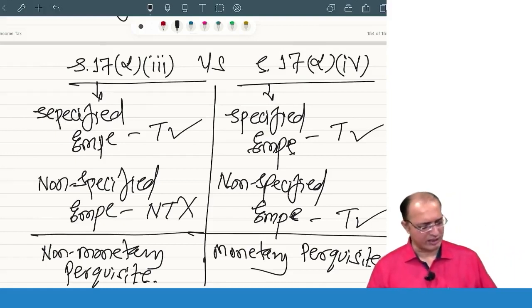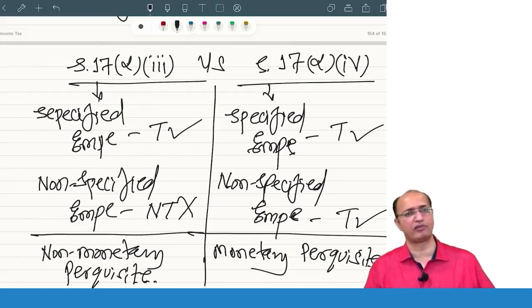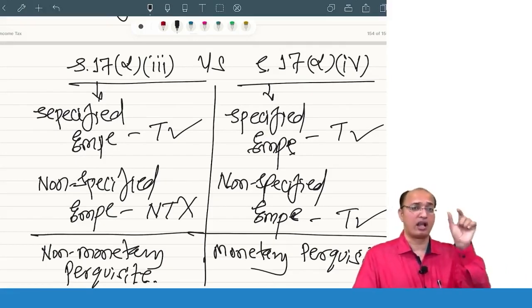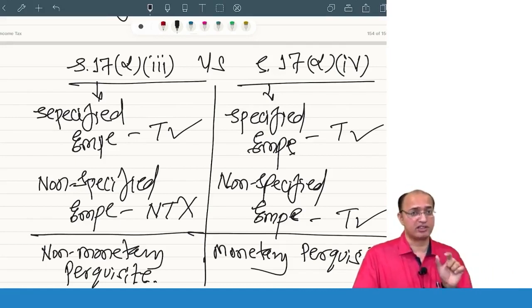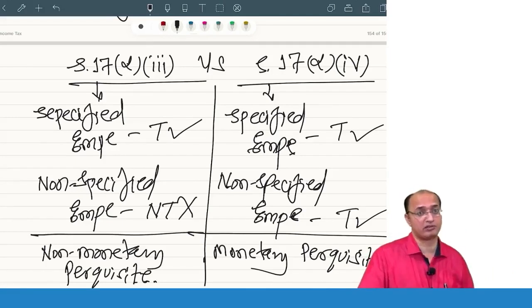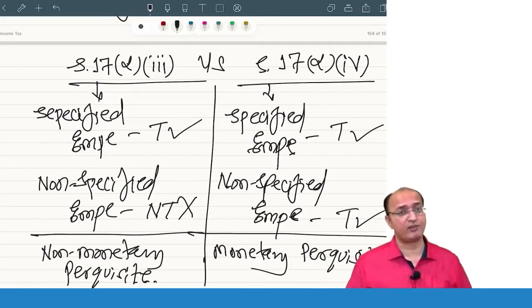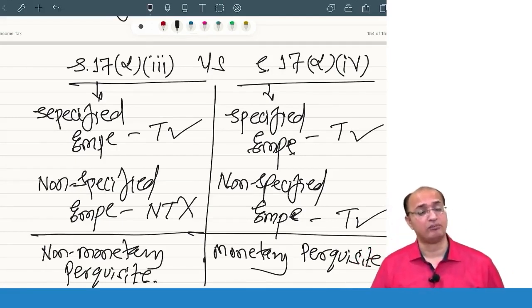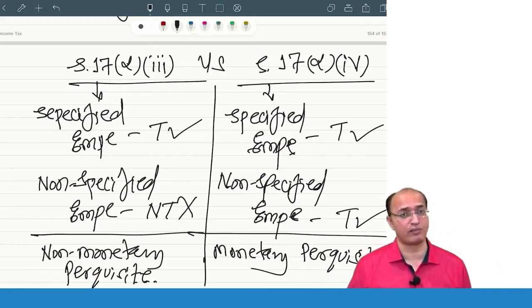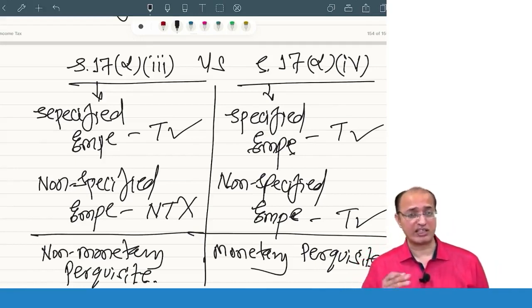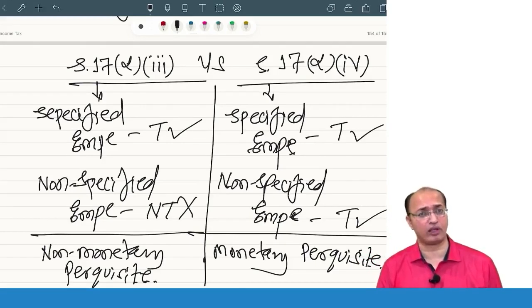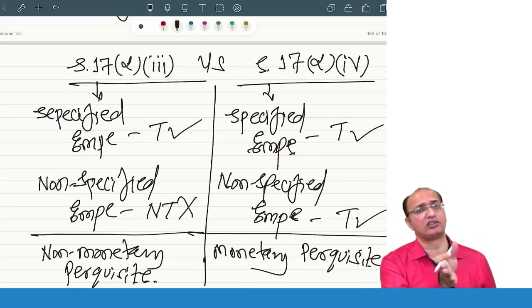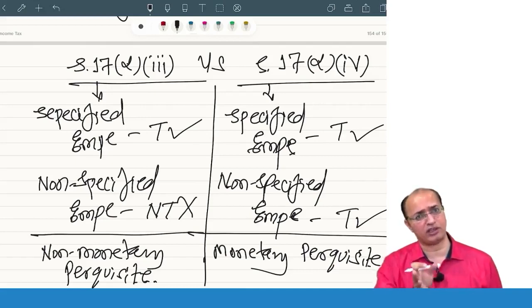And when we started the concept of perquisite, I had explained the difference between allowance, monetary perquisite as well as non-monetary perquisite. The same benefit can be given to the employee either through allowance or through monetary perquisite or through non-monetary perquisite.